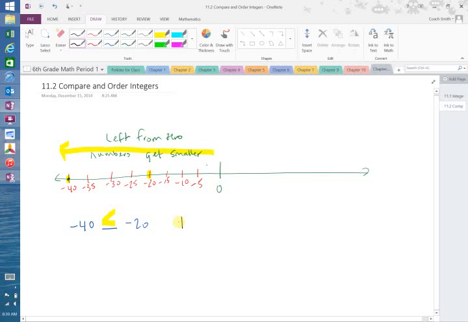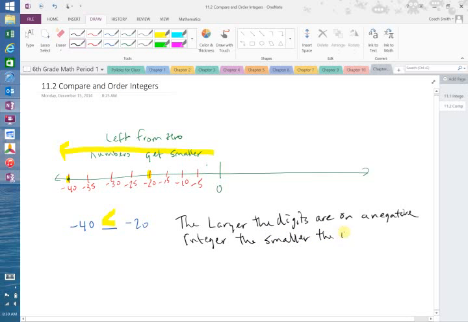So the larger the digits are on a negative integer, the smaller the integer is.